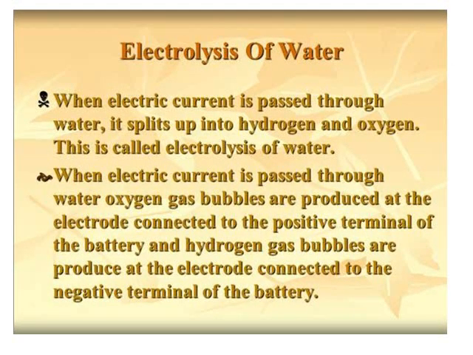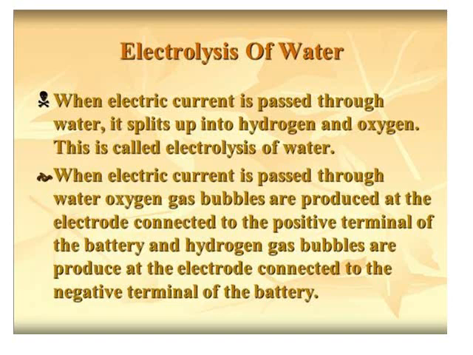Now let us see the electrolysis of water. You all know that water has the molecular formula H2O, two atoms of hydrogen and one atom of oxygen. When electric current is passed through water, it splits up into hydrogen and oxygen.